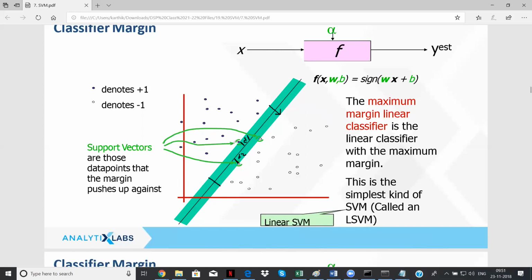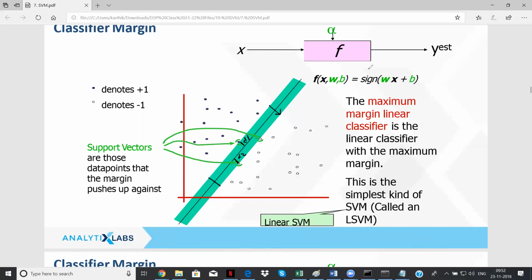And these data points which are defining the black line equation are known as support vectors. They are those data points that the margin pushes up against. So the margin is just touching these points, right? Yes or no? The margin can't go beyond these support points. And there can be a lot of other data points which can fall under this margin, which will be happily ignored. Clear?